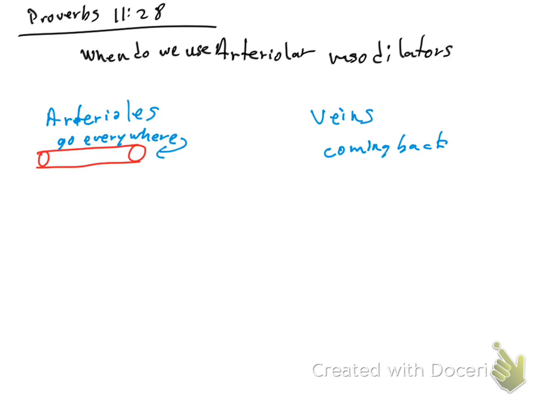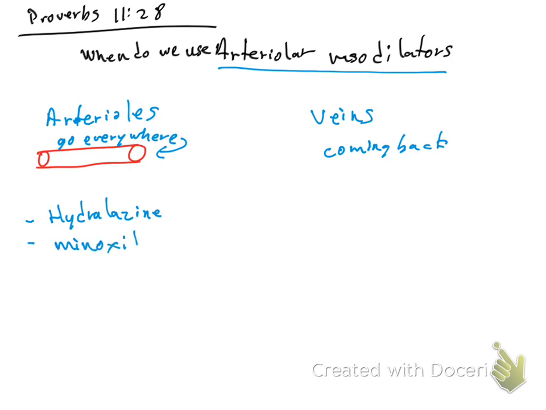Now there are some drugs that we're going to see here called the arterial vasodilators. We can give a couple of examples, and one of those is called hydralazine, and the other is called minoxidil.